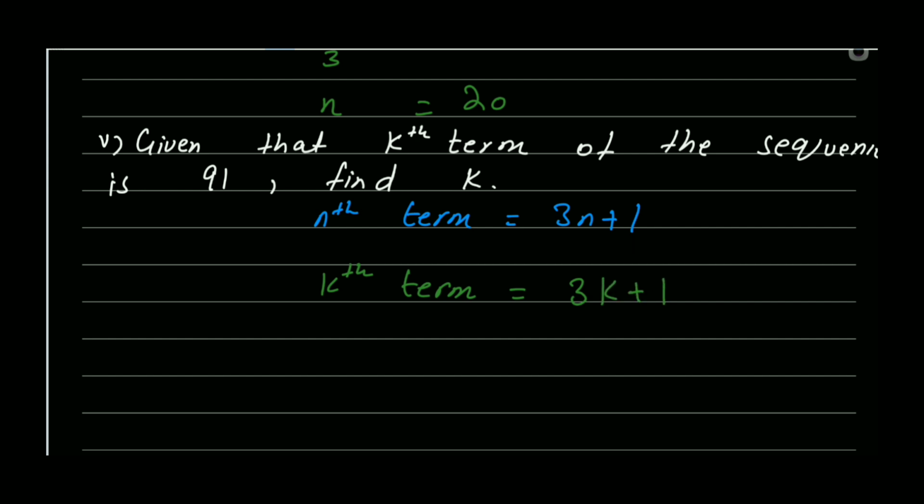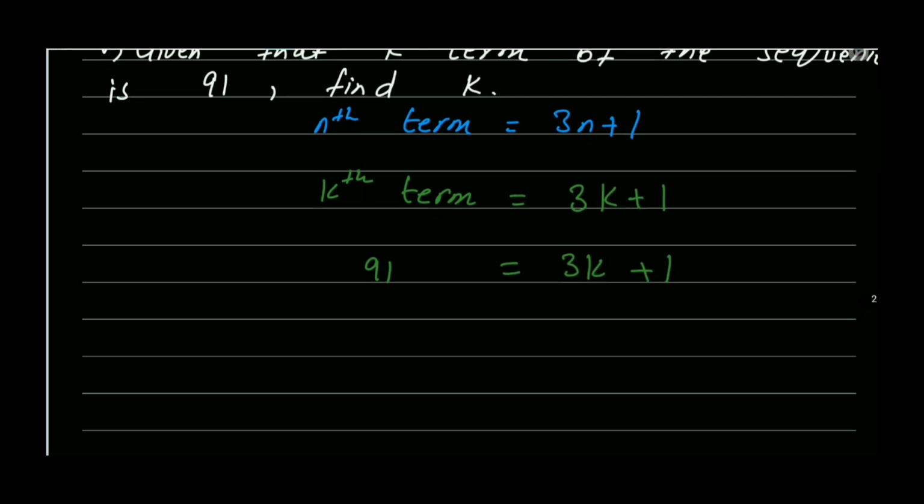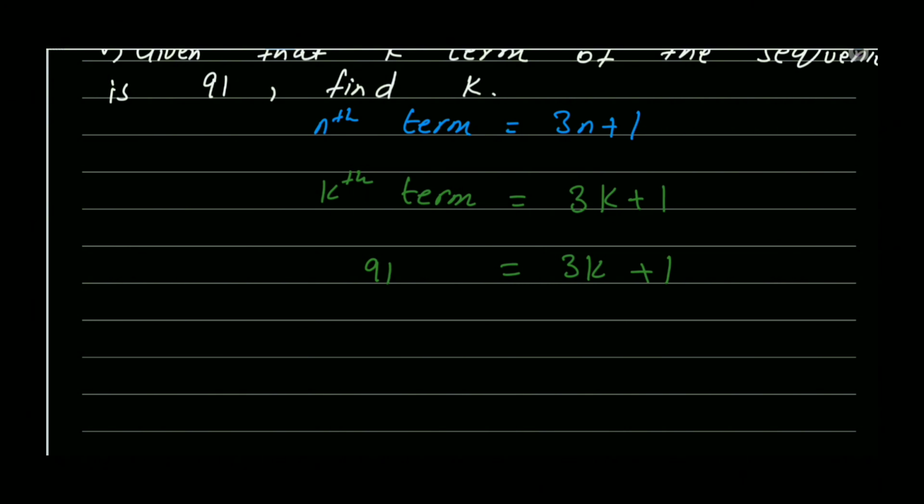This will be the equation of this part. So kth term 91 is equal to 3k plus 1. Here we can find k easily. So 91 minus 1 is equal to 3k. 90 is equal to 3k, and k is equal to 30.